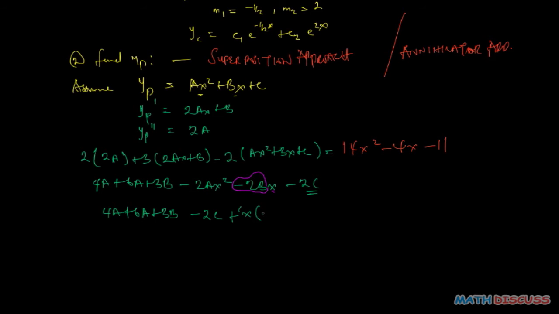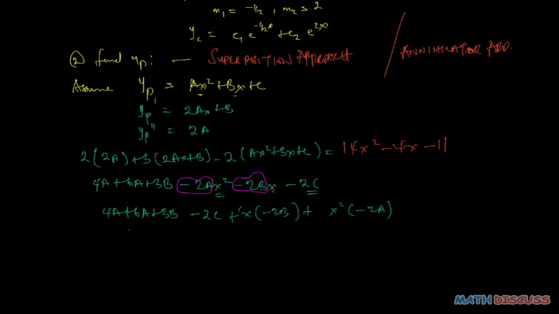So that'll be plus x into minus 2b. And then the x squared term is this, while minus 2a is the coefficient here. So I'm going to write plus x squared into minus 2a.